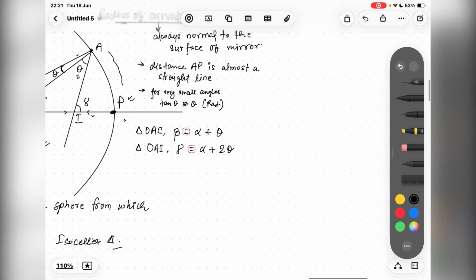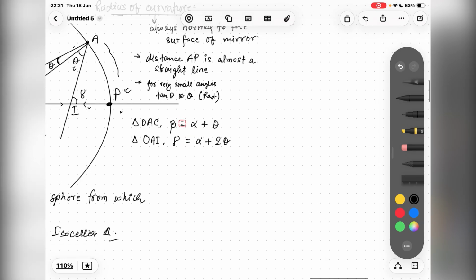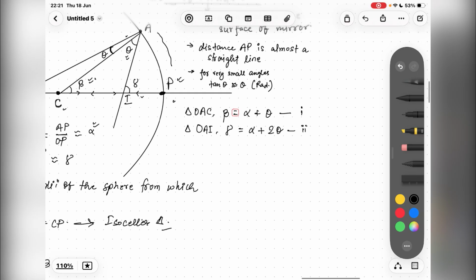Now we need to eliminate theta. So what we do, this is equation 1, this is equation 2, we multiply equation 1 by 2 and subtract equation 2 from it.